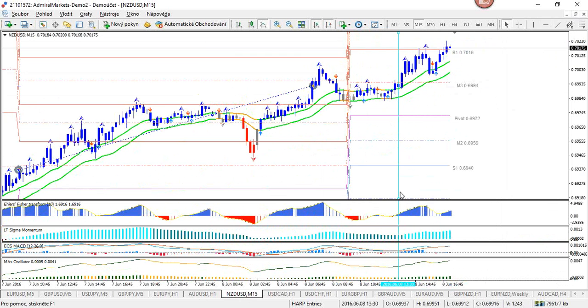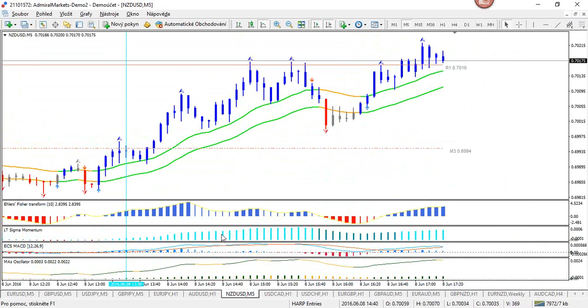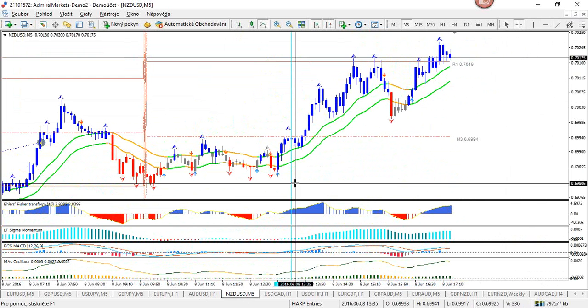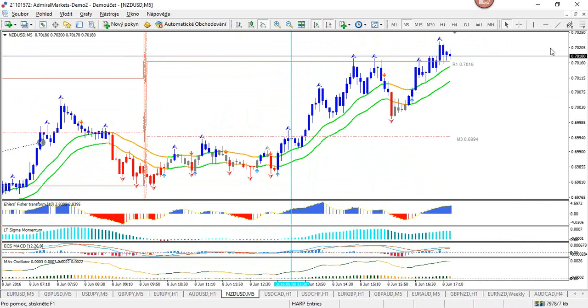All right, so we got momentum there. So the setup on the 5-minute chart from an intraday perspective was here.